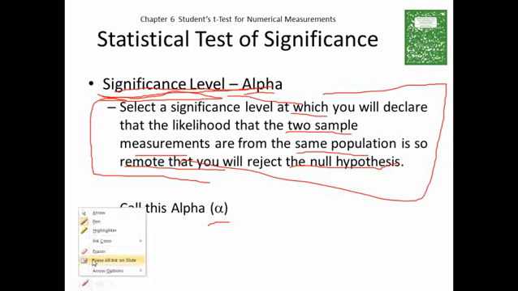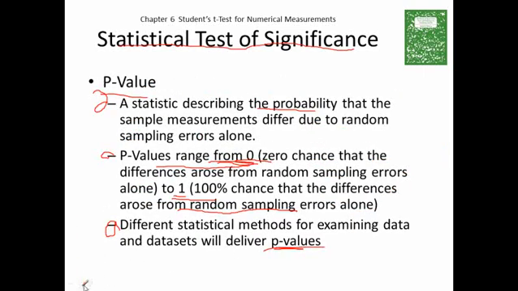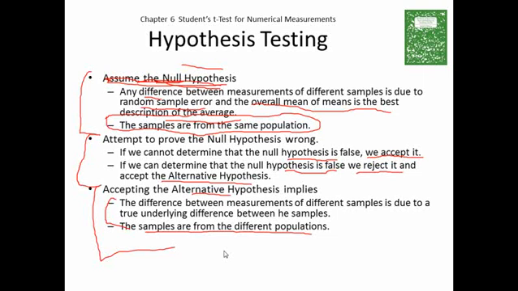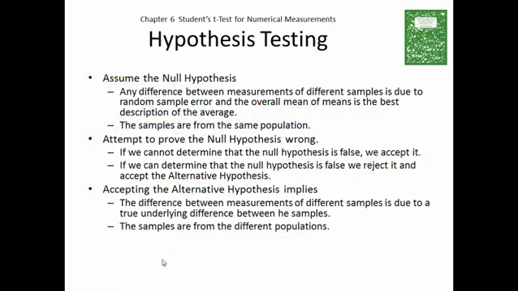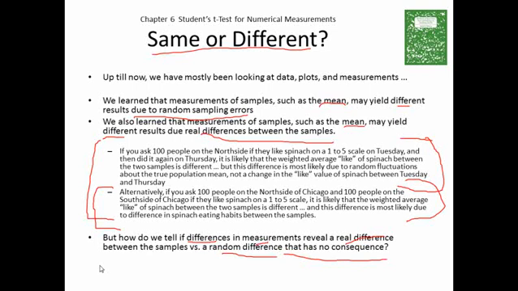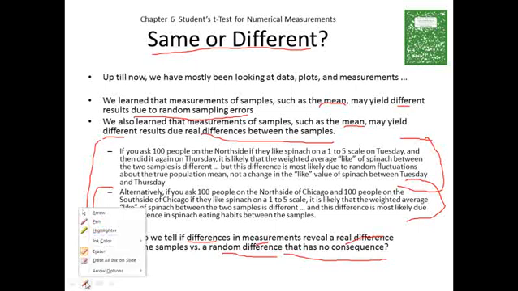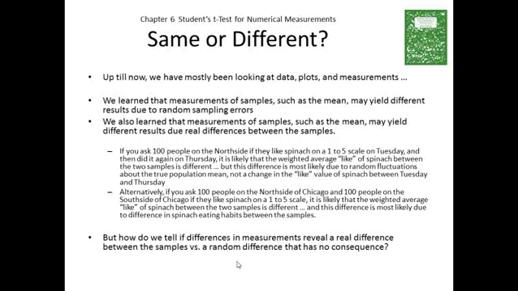We've talked about the alpha. We've talked about the p-value. I think it is time for us actually to do a hypothesis test with a real set of data and determine if it's the same or different, these two sets of data for two different examples. So let's do that.